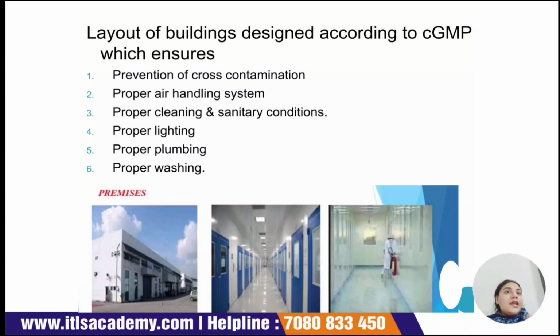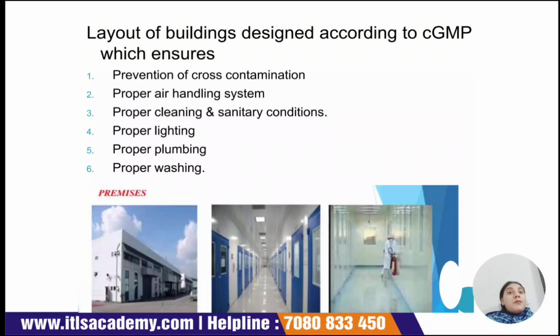As you see the images here, all these are images of the premises. As you can see, every image is so neat and clean that this type of industry should be there so as to minimize any microbial attack. So the layout and building design according to the CGMPs ensures prevention of cross contamination, which we have already discussed.